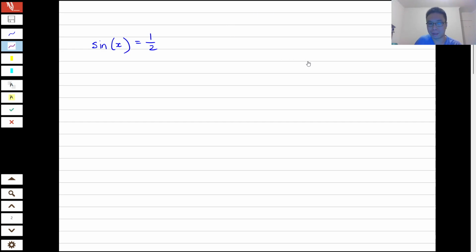So let's think for a moment. Where does the half come from when working with sine? Well, if we draw our trusty right-angled triangle with side lengths 2, 1, and root 3, pi on 3, and pi on 6, we can recall that sine of pi on 3 is a half.